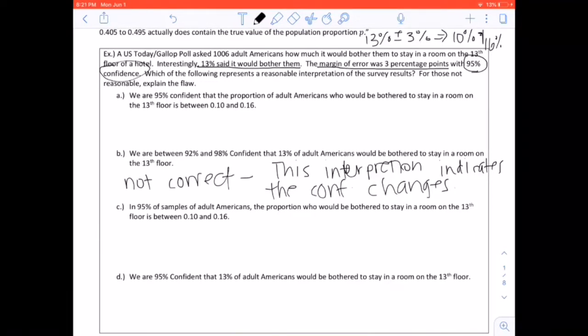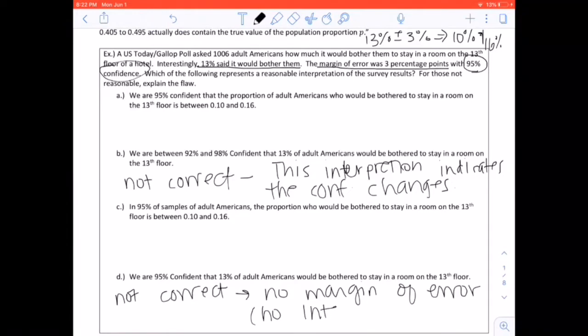Another one that is not correct would be D. If you look at D, it says we are 95% confident that 13% of adult Americans would be bothered to stay in a room on the 13th floor. This one does not talk about the margin of error at all. So this one is also not correct. It doesn't have an interval for us, so we have no margin of error or no interval.